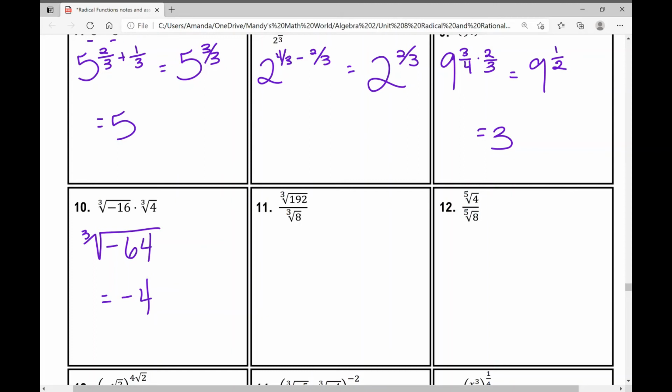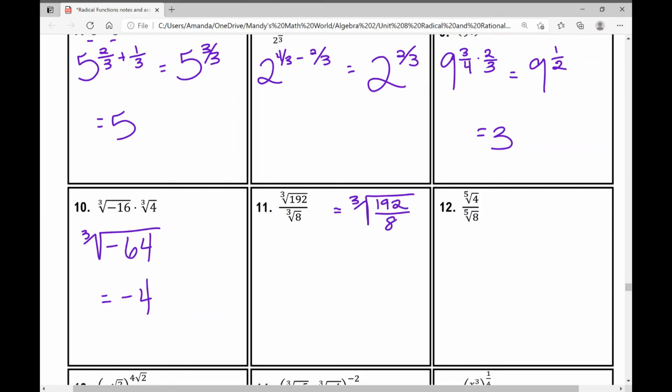So what I'm going to do here, I could find the cube root of 8 in my denominator first if I wanted to, because it is a perfect cube. So that could be 2. But what I'm going to do is rewrite this as the cube root of 192 divided by 8.